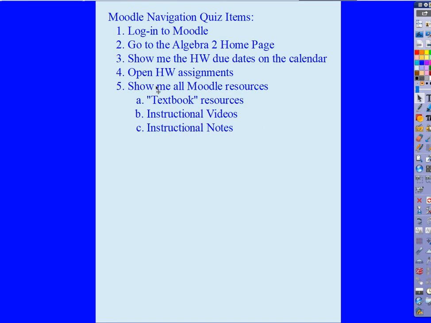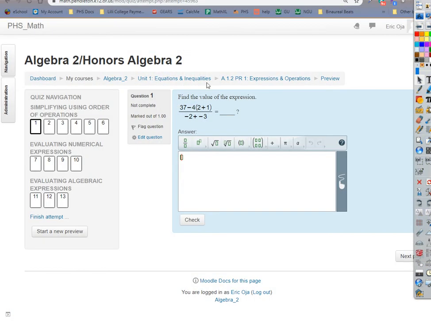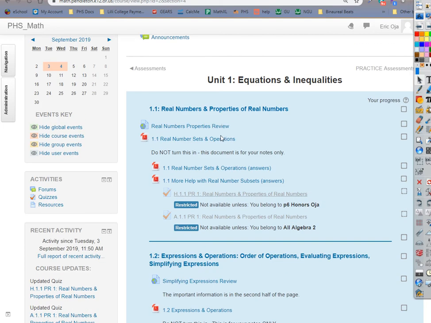Then the fifth thing I want you to show me is that you can find all the resources. So I want you to be able to find the textbook resources and the instructional videos and notes. So where do we find those? So inside Unit 1, remember that when I say the textbook resources, that's just all the stuff in that section above the assignments.